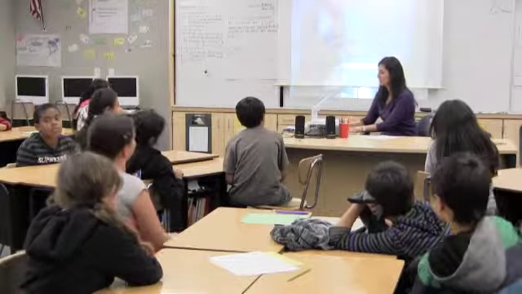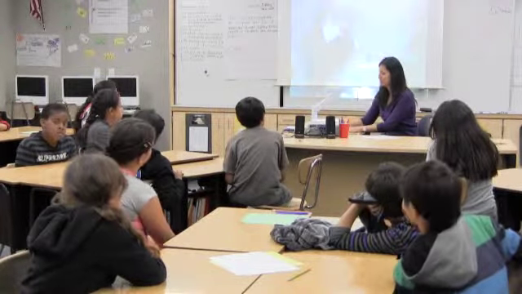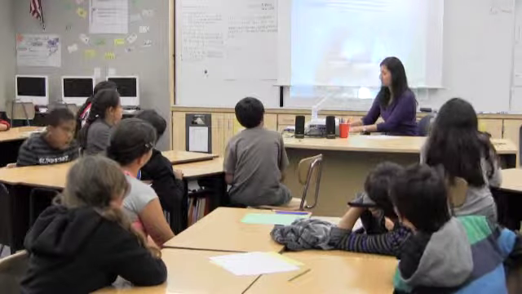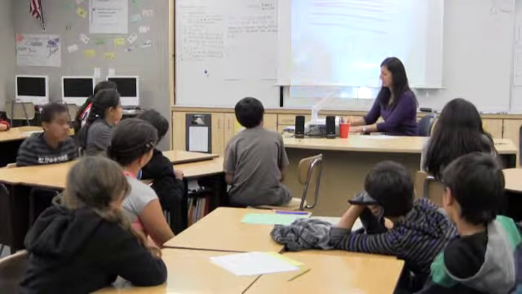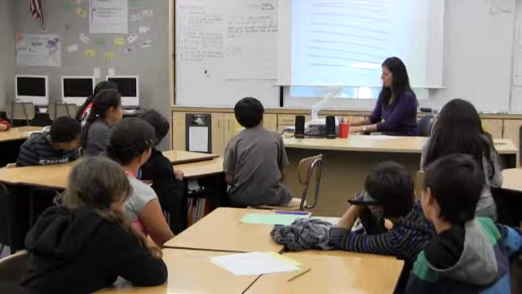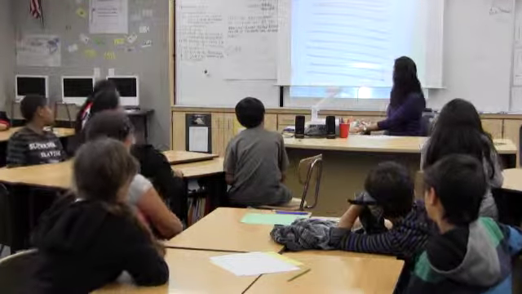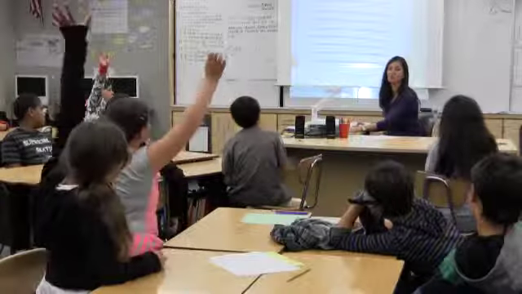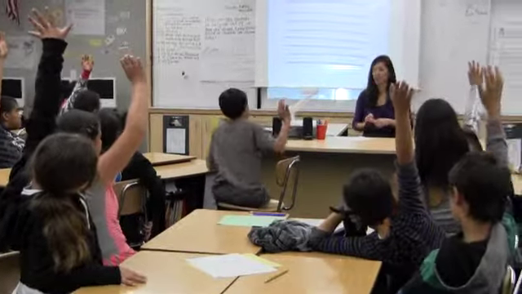That's right. So if I shade all of these squares and all of these squares and this and this and this and this and this, how many squares did I shade in all?